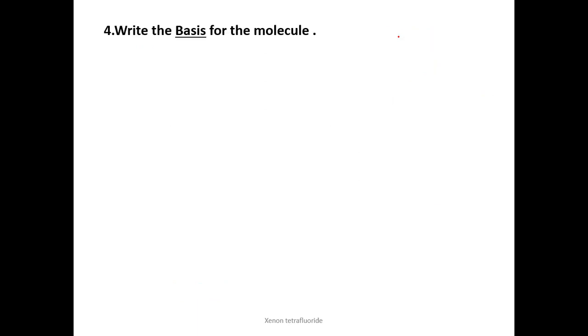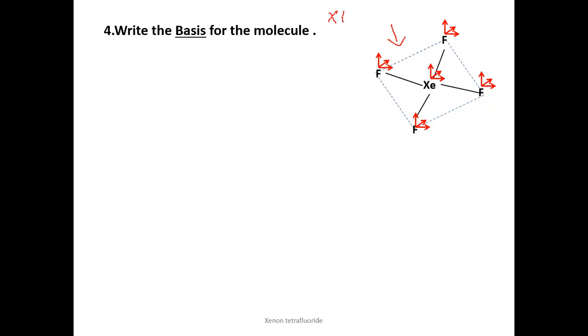Next, we have to write the basis for the molecule. The basis of the molecule is obtained by writing three vectors over each atom involved. That is, in xenon tetrafluoride there are totally 5 atoms, xenon and 4 fluorine atoms. Over each one of these atoms you will have a set of 3 vectors representing the 3 position coordinates x, y and z.